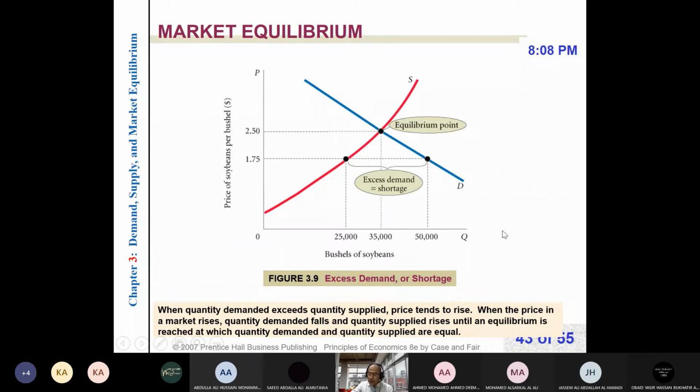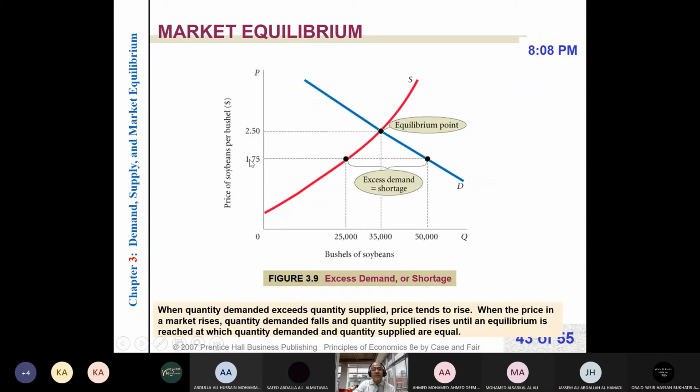Assume Hamid Khalid went to the market early in the morning and he found the price per kilo 175. It seems tomatoes are so cheap today. So what will happen? Demand curve refers to the desire of customers. Supply curve refers to the desire of producers.